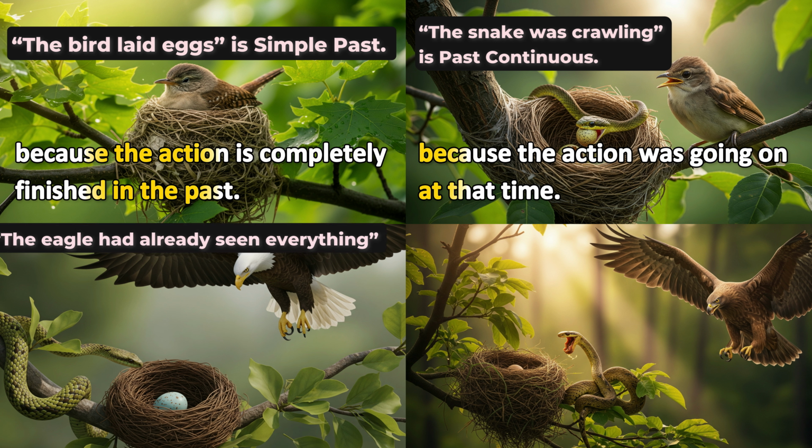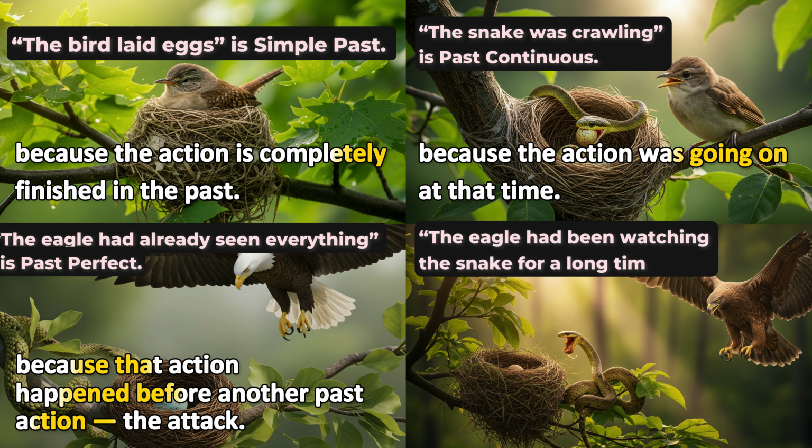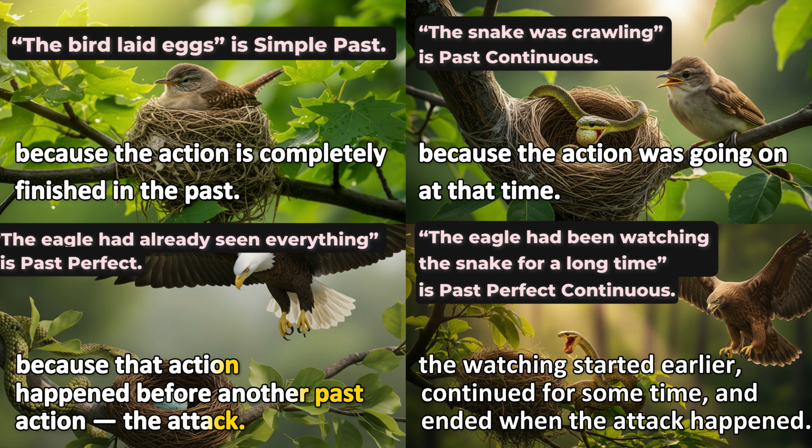The sentence, "The eagle had already seen everything," is past perfect because that action happened before another past action, the attack. And the sentence, "The eagle had been watching the snake for a long time," is past perfect continuous because the watching started earlier, continued for some time, and ended when the attack happened.